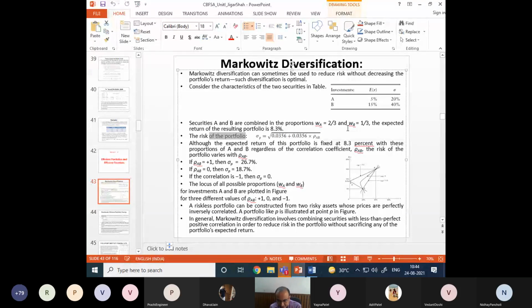I can replace it with the correlation coefficient rho AB, which equals sigma AB divided by sigma A into sigma B, because sigma A and sigma B are known. So I can find sigma AB in terms of rho AB, and that's what I have substituted. That's just the use of the previous equation. And I have determined sigma P. It is under root because ultimately I am finding sigma P square. So it depends on rho AB, but rho AB is not known here.